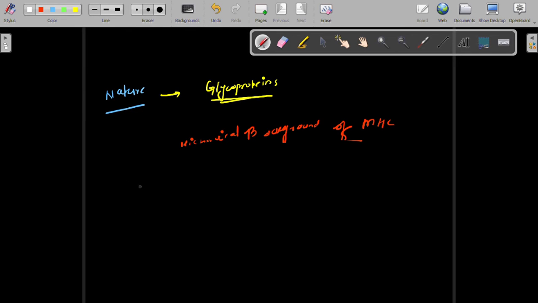So there were three kinds of molecules encoded by MHC. These are class 1, class 2 and class 3.